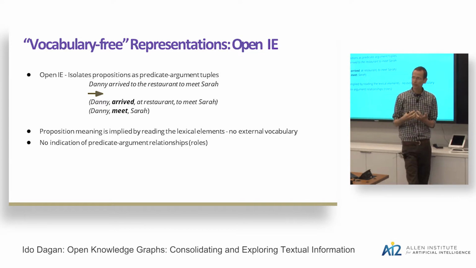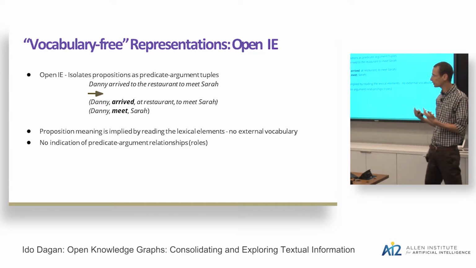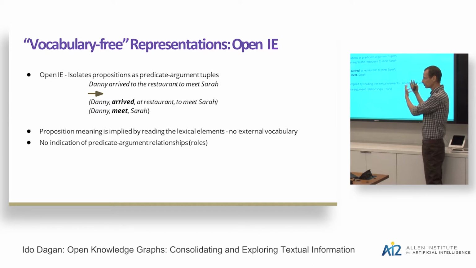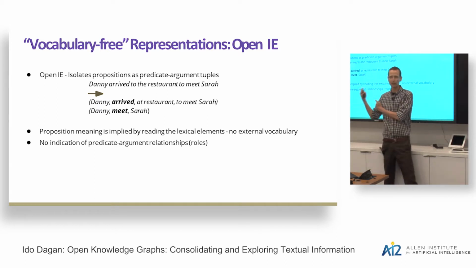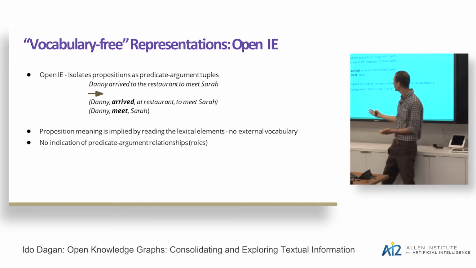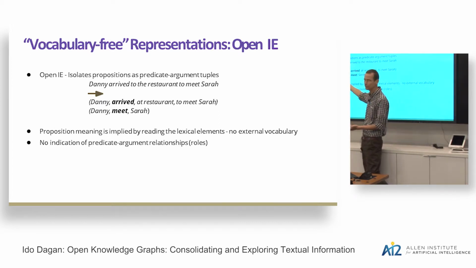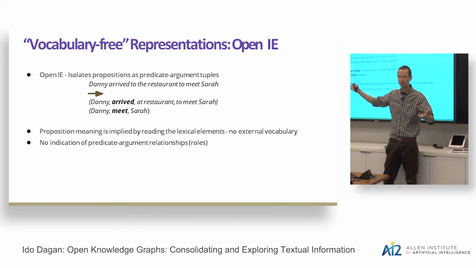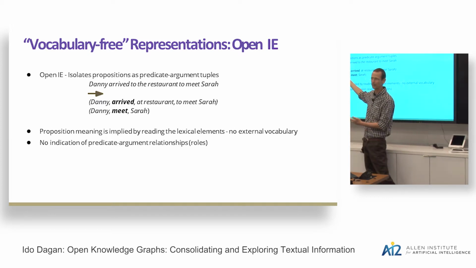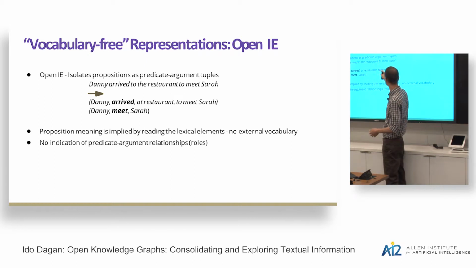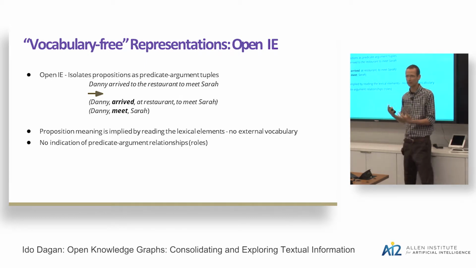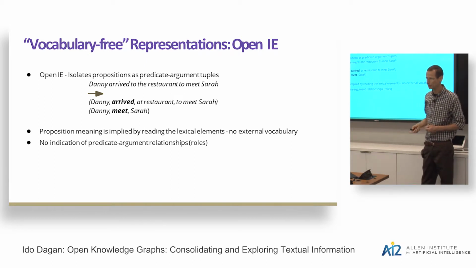And you still can read this. The assumption is that at least in text-to-text applications, eventually if you present this information, it's clear. When we read these propositions, we understand what the relation is between the arrived and Danny. We understand that Danny is the agent, even though we don't know to call it an agent, we understand that Danny performed that arrival, and this was the destination, and this was the purpose, right? We could understand that just as naive language speakers.